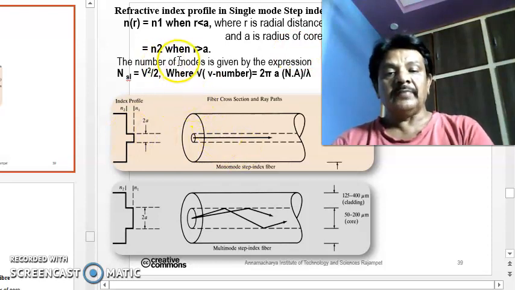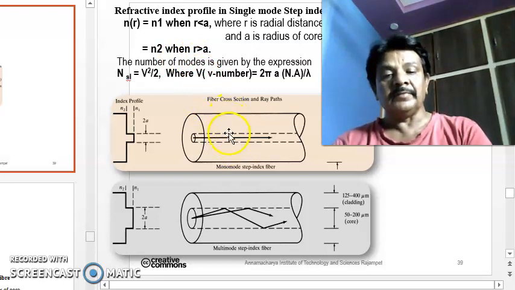Next, n of r is equal to n2 when r is greater than a. R greater than a is nothing but the cladding of the optical fiber, and n of r equal to n1 means the core. And this is multi-mode optical fiber. You can see that the diameters are larger in the case of multi-mode step index optical fiber.